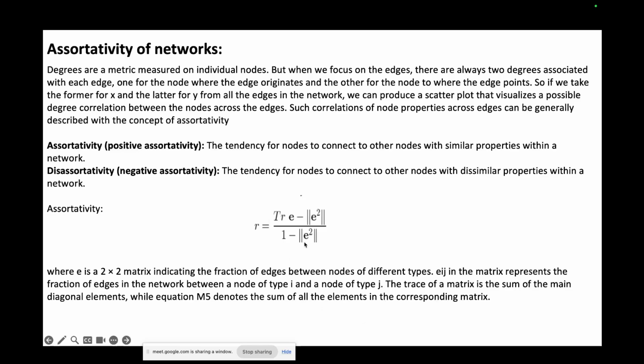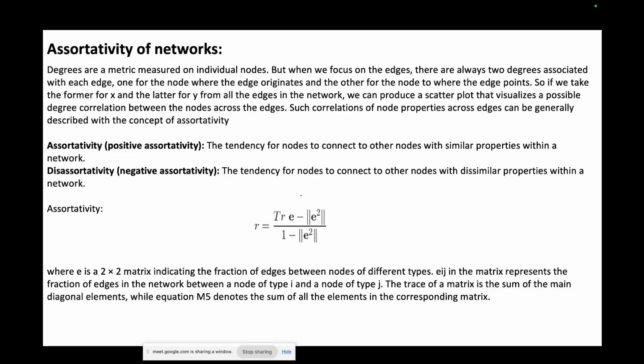The formula is given by this parameter, where R is the assortativity index of the network. Basically, this is the formula where E is a 2 by 2 matrix, which indicates the fraction of edges between nodes of different types, and each element inside the matrix represents the fraction of edges in the network between a node of type I and a node of type J. And the trace of the matrix is the sum of the main diagonal elements. That is how a trace is defined.